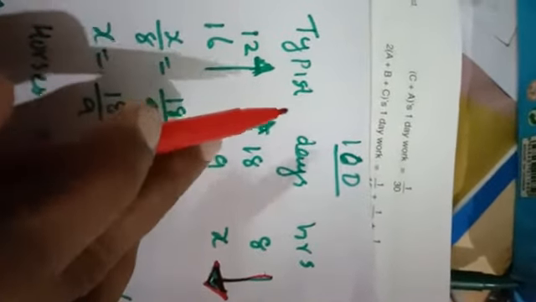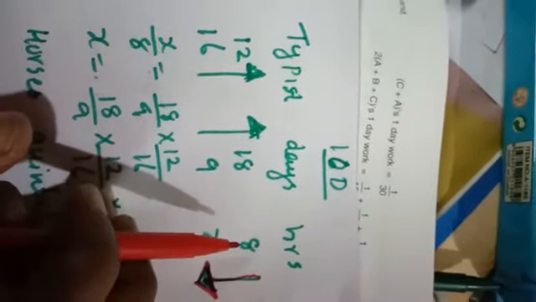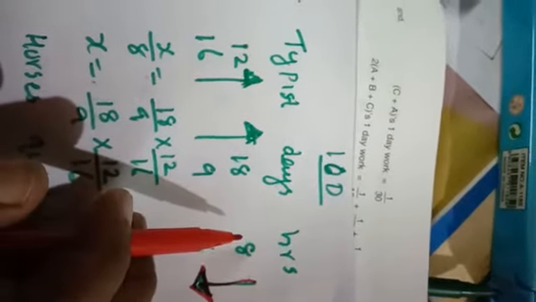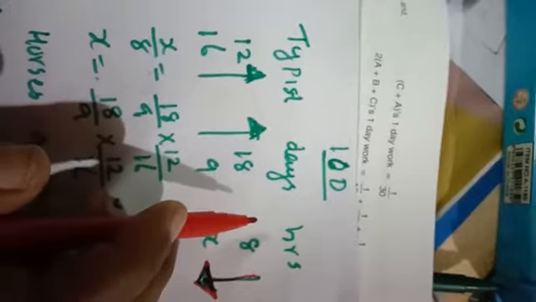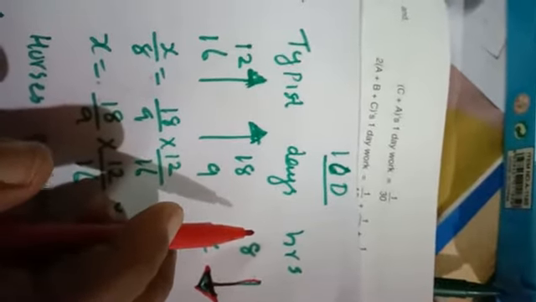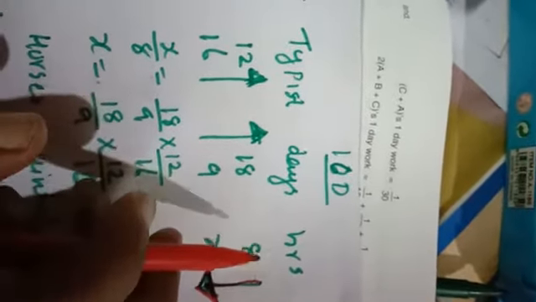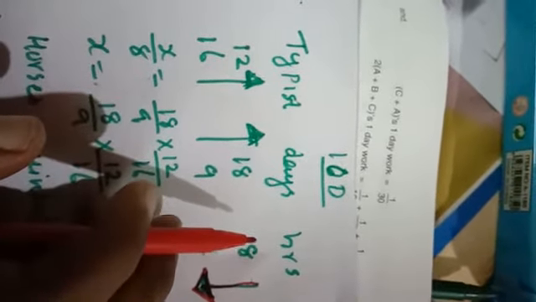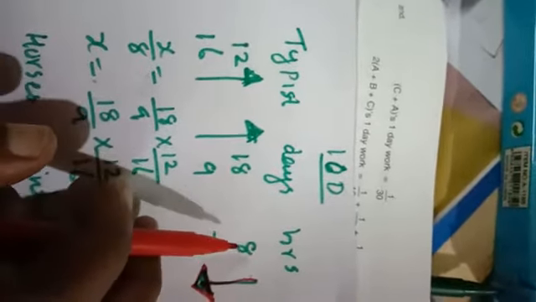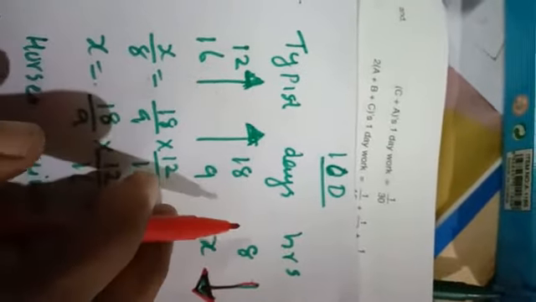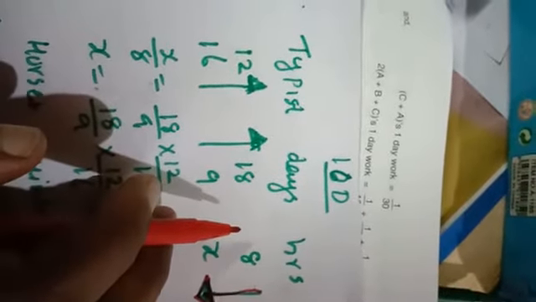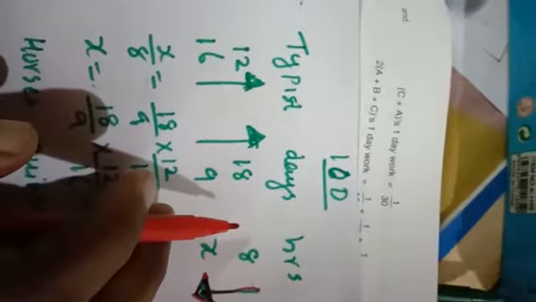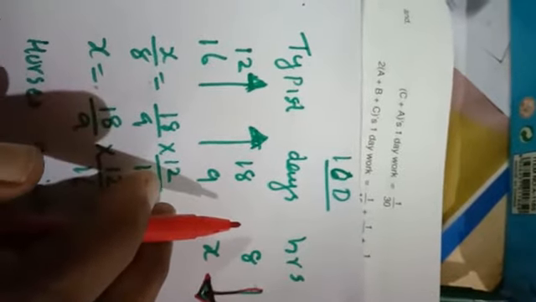If there are more typists, they can complete very fast, and very little time is needed to complete the work. So time and typists are in inverse variation.